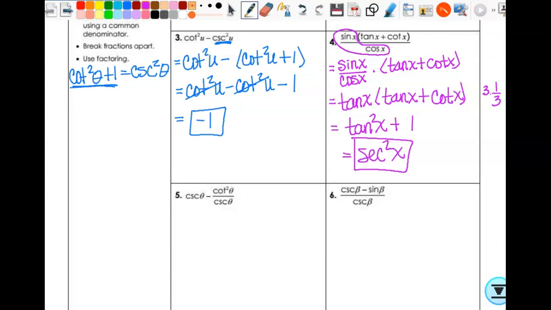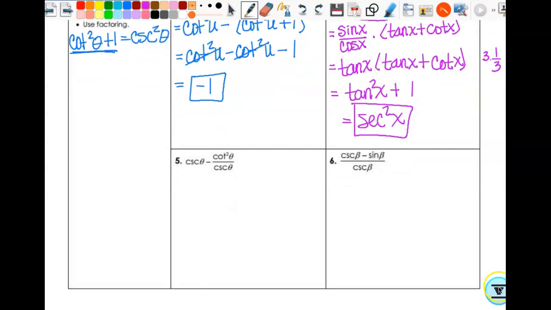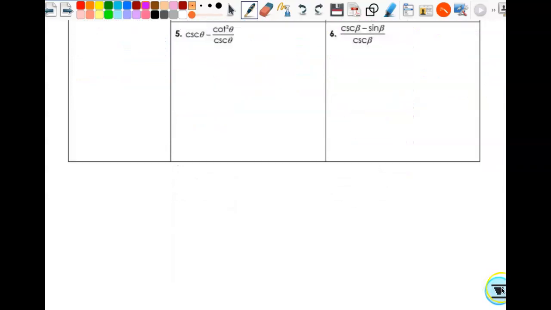All right. So on number 5, I have a fraction and something that's not a fraction. I would like to combine it into one thing, especially because there's nothing glaring anything else. So that's usually what you want to do, just combine your fractions here. So this is over 1.